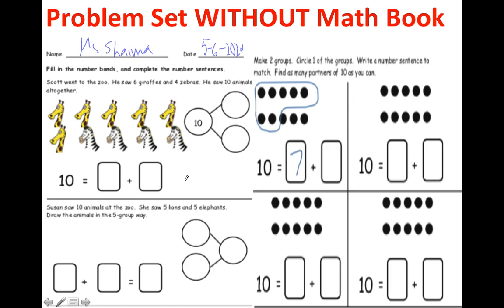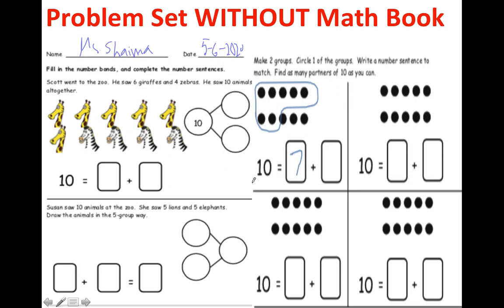Since we did a similar math problem in the previous one, today I would like to focus on this one. Or we could actually do this one because it's a different one. We haven't done that in a while. It says make 2 groups. Circle one of the groups and write the number sentence to match and find the partners of 10 as you can.